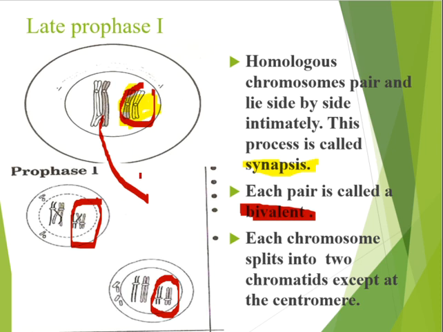The chromosomes with the chromatids have different genetic constitution, and when they coil around each other, there is exchange of genetic material, leading to what we call genetic variation, which is very important for the offspring.